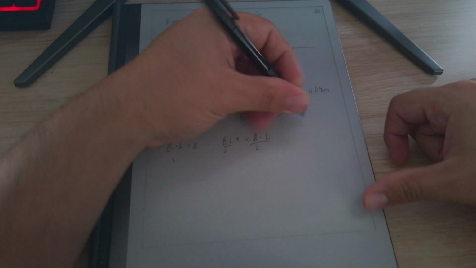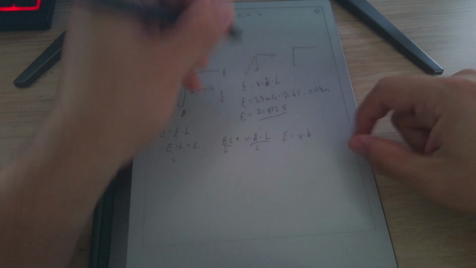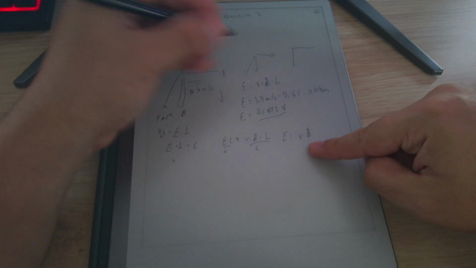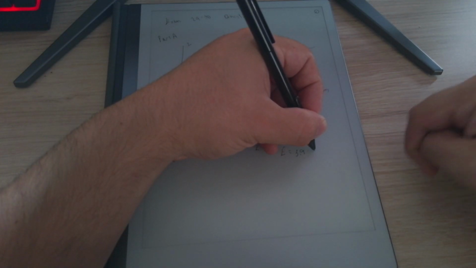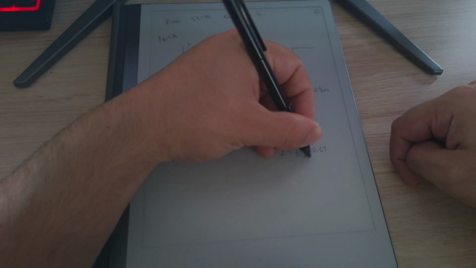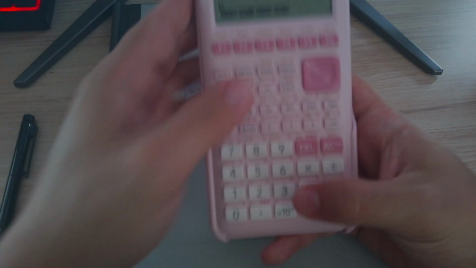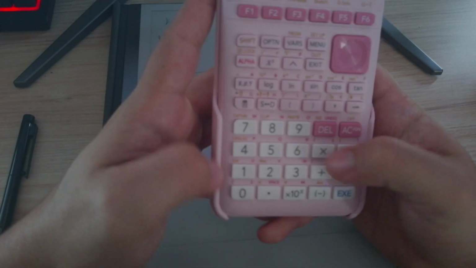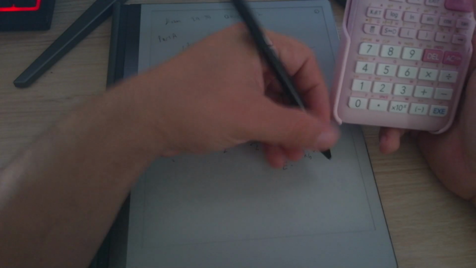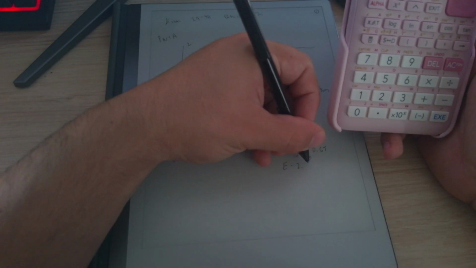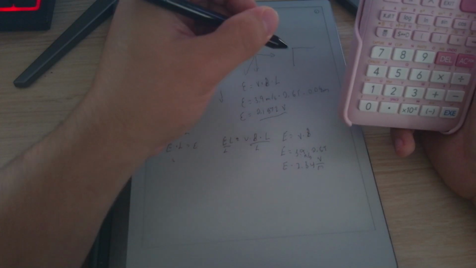Divide out the length, so that the electric field is equal to velocity times the magnetic field. Inputting our values, 3.9 meters per second times 0.6 Teslas gives 2.34 volts per meter. That is the electric field.